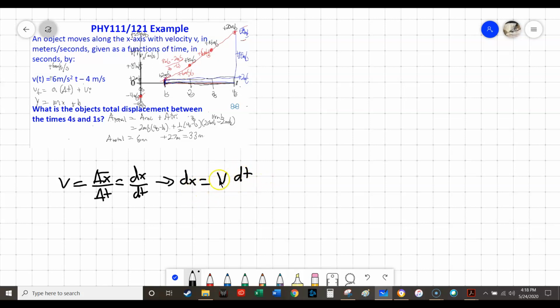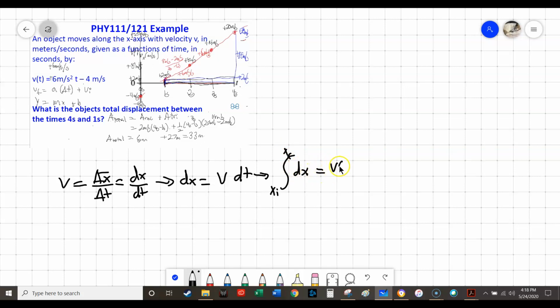And this v is actually going to be our v of t equation right here. And dt is going to be our time frame from 4 seconds to 1 second. And dx is just going to be the displacement, right? So what we're going to do is really we're translating this to xi to xf because I don't know the displacement. So I'm just going to define it relative to dx.